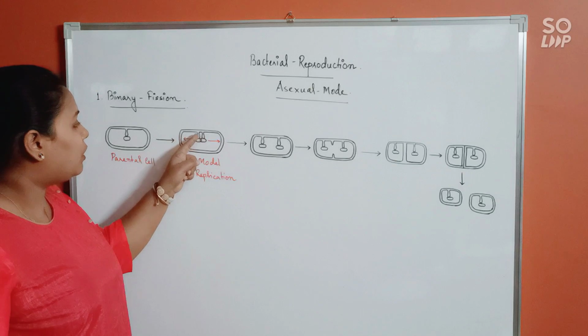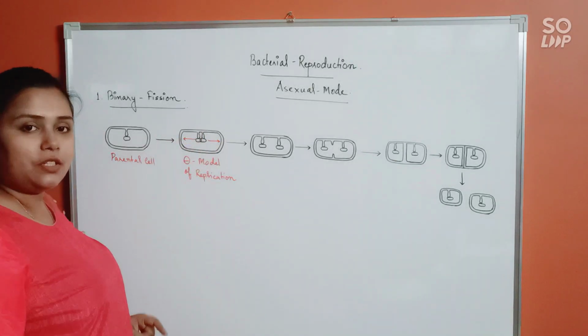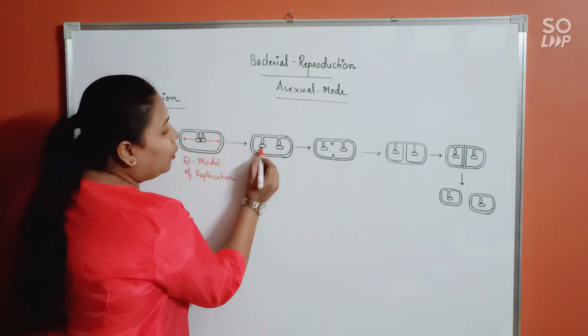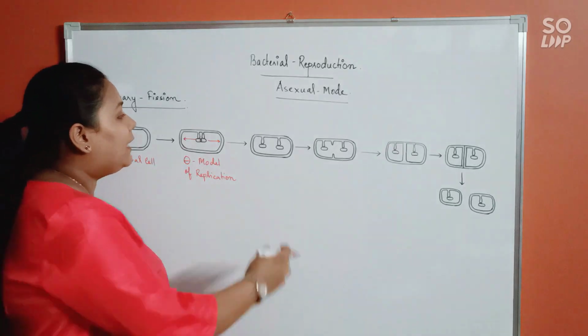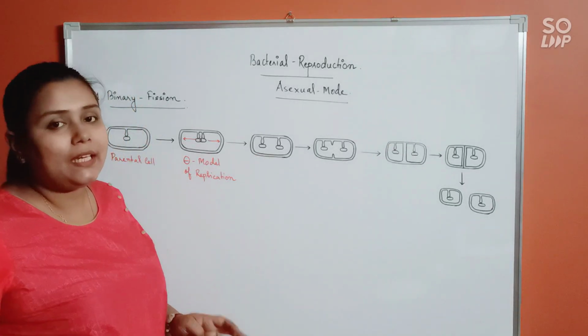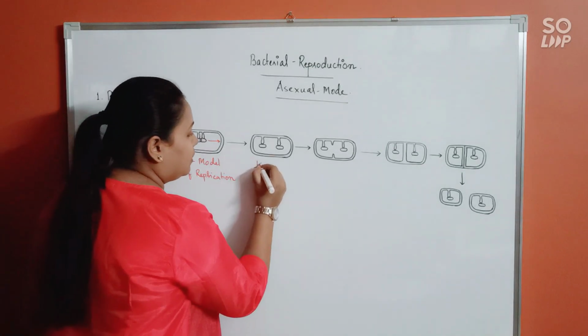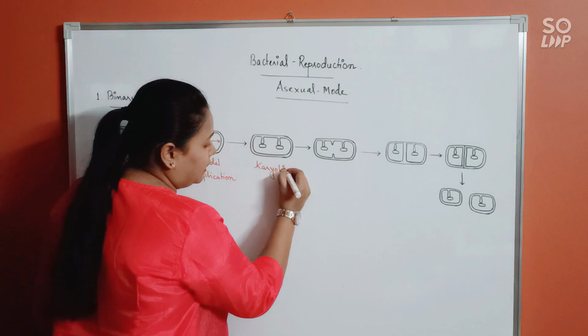This mesosome starts moving in this direction, this one starts moving in the opposite direction. That's why both the chromosomes are separated from one another and reach opposite poles of the cell. So, karyokinesis, or nuclear division, is complete.